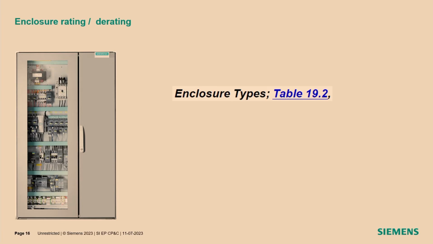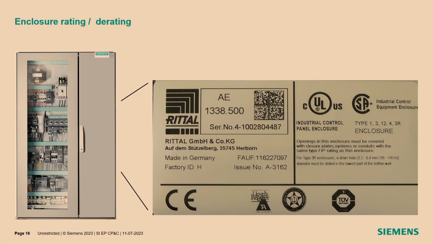For example, if you have a tested empty cabinet for an industrial control panel, you buy it, it is tested, everything is okay. You take this and you will find on the door or on the back side, inside, a label. In the label you see on the right side that it is tested by UL and CSA.